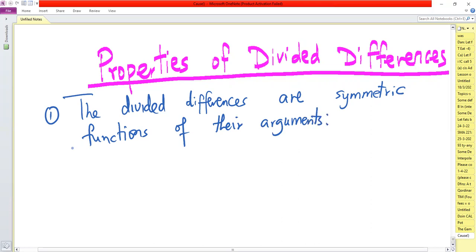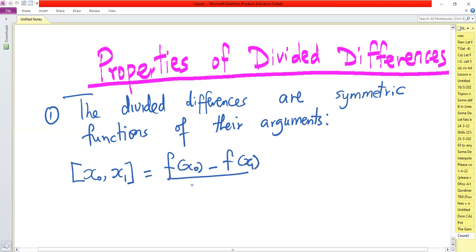So remember how we define this. If you have two arguments x1 and x0, then we define this one as f of x0 minus f of x1 divided by x0 minus x1.